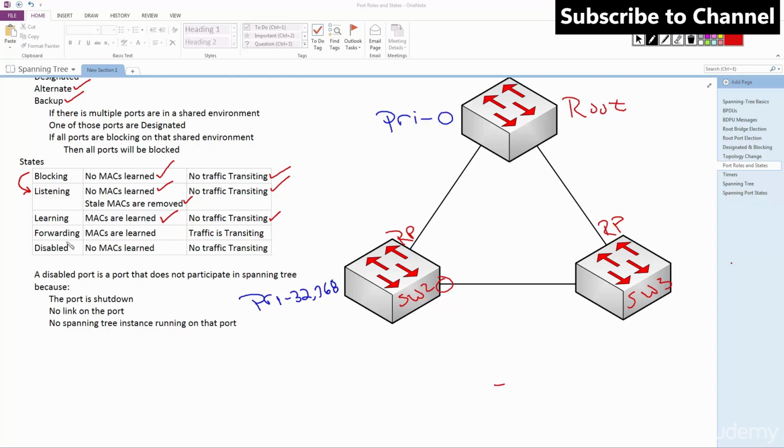During the forwarding stage, MAC addresses are still being learned. If new MAC addresses come on that port, they will be learned, and now your traffic will be allowed to move. You will allow ingress traffic and egress traffic.